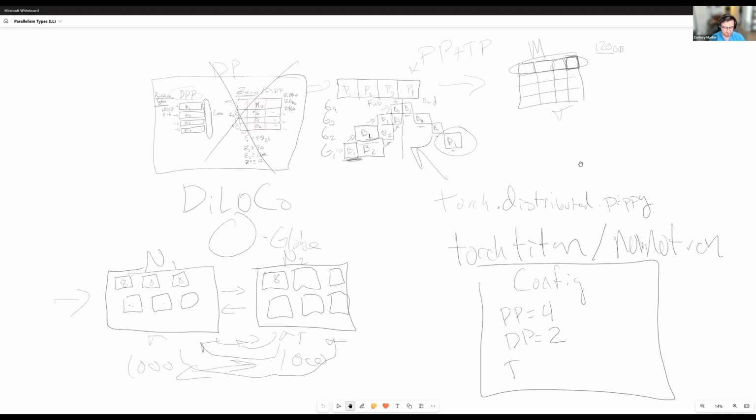And I want tensor parallelism at a dimension of 1. There's a really, really good picture in the UltraScale playbook that talks about this. But both of the frameworks work in this same way, where you define the config, set up your model how they expect, and then it will go run this 3D parallelism for you. If you just wanted to run pipeline parallelism, then you would just set everything else to 1.